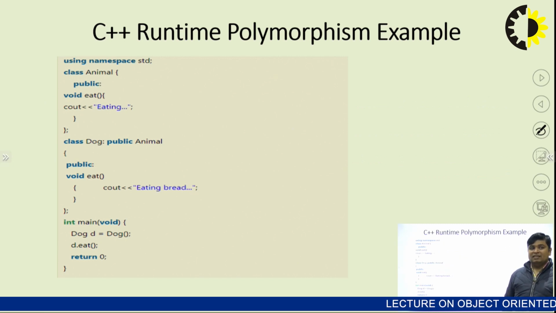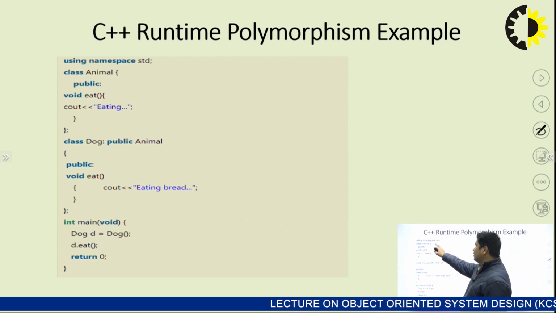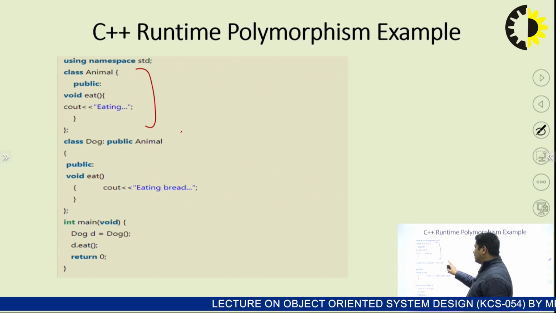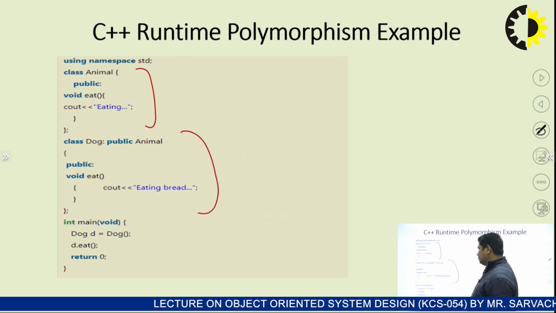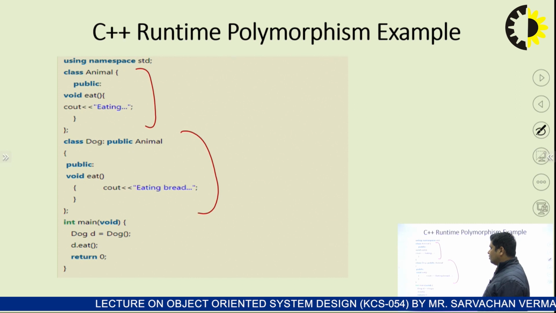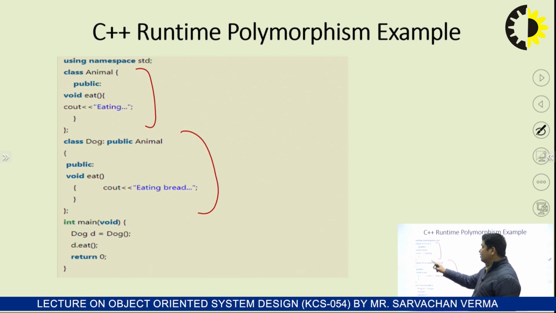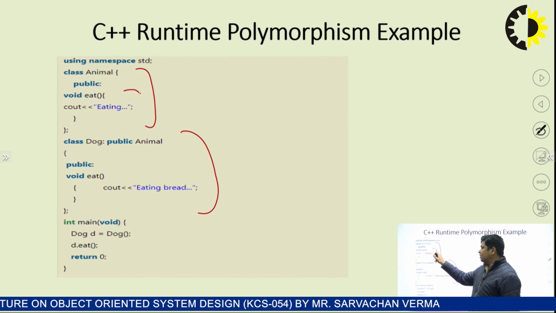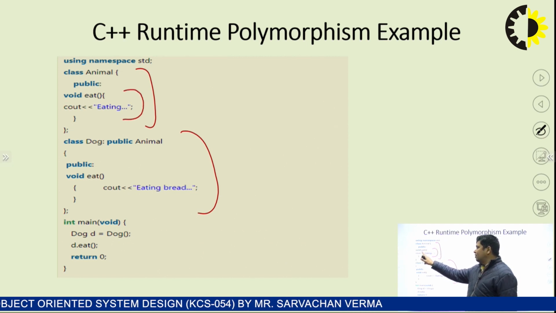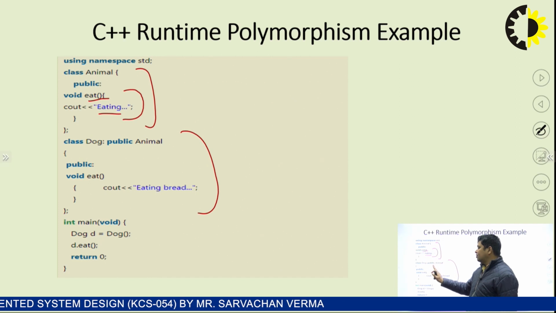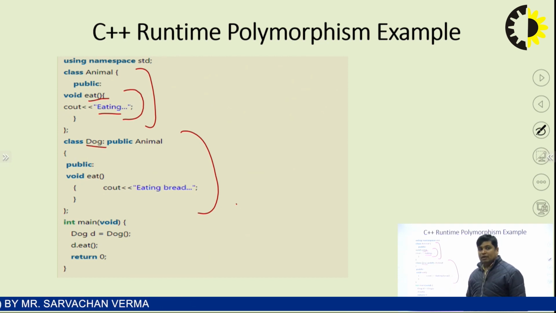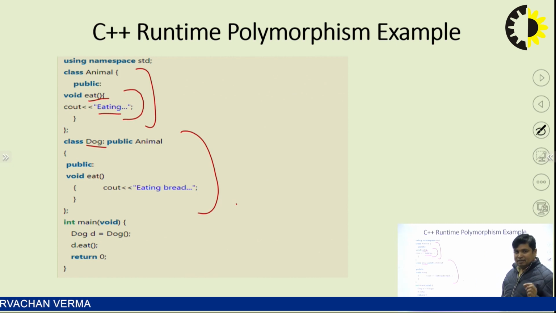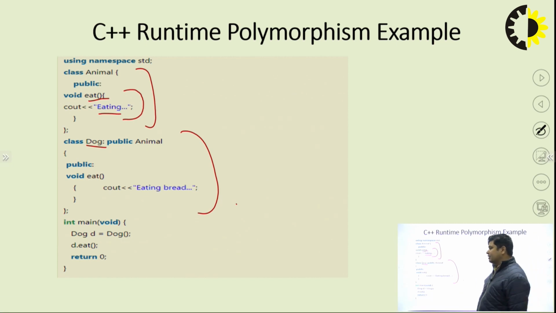Inside this code you will see I declare one class animal and a second class dog. This is the class animal, inside which I declare one method eat, but this animal class is inherited by the dog class. So again I am discussing some basic concepts about inheritance.